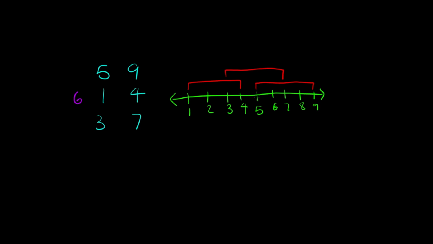If we fired 5 through 9, we would cover times 1 through 7, which is also 6 units of time. However, if we fire 3 through 7, we would cover 1 through 4, which is 3 units of time, and 5 through 9, which is 4 units of time. That means we cover 7 units in total.